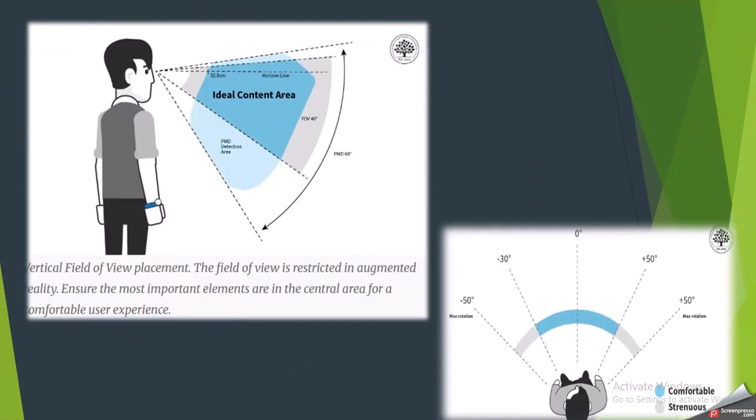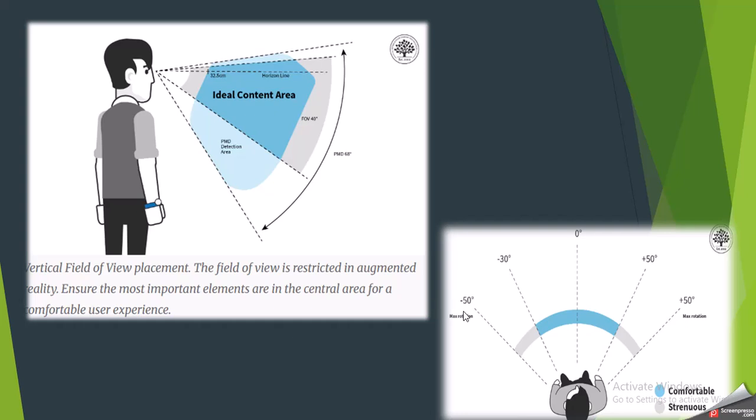Then, as I was discussing the field of view, we see these two pictures. This is the ideal content area for the human. This is the place where we should keep the major objects we develop. In the second picture, they say from minus 32 degrees to plus 50 degrees is a comfortable zone for the human eye. That is the place where we should place the objects.